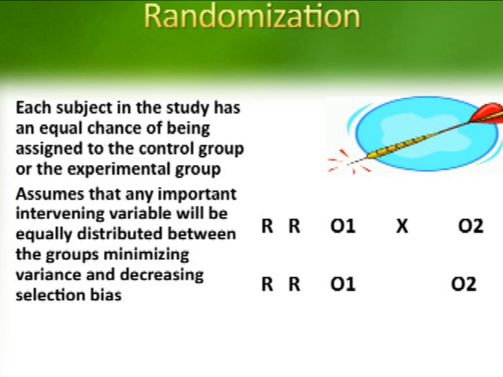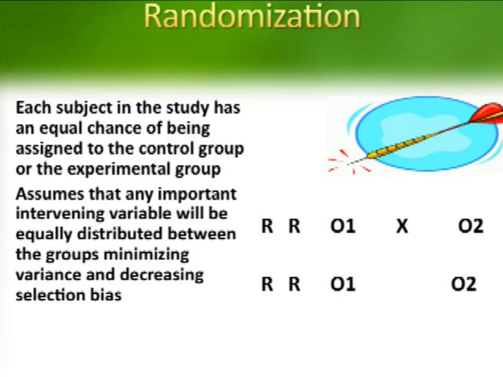The second R is random assignment, meaning out of that group that you randomly selected, you then once again randomly select out of that sample people to be in your control group or in your experimental group.